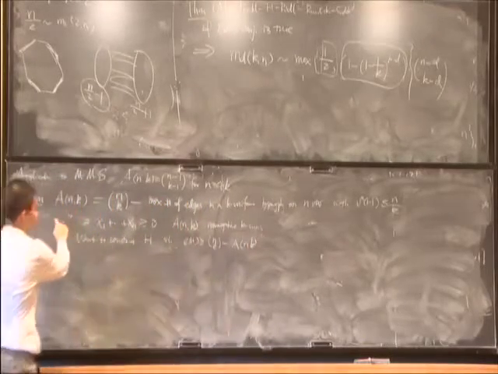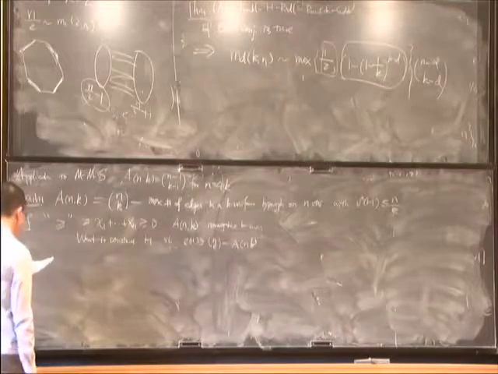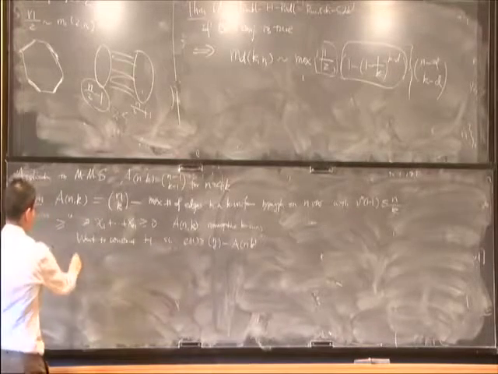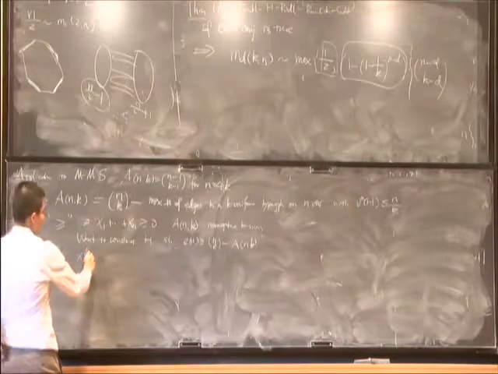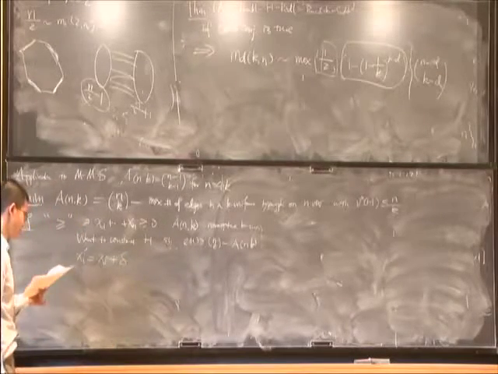Then this will show this greater than or equal to. So to do this, first of all, we use a small trick. We let Si prime be equal to Si plus some small constant delta.